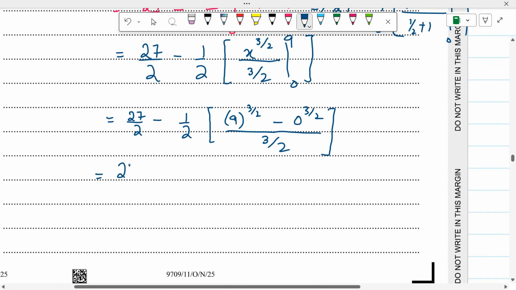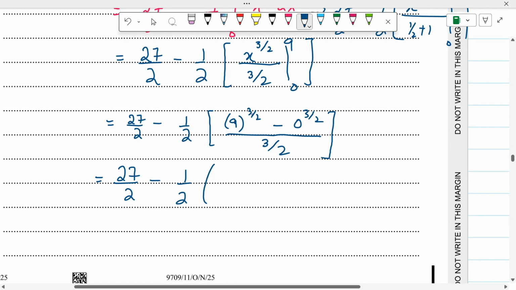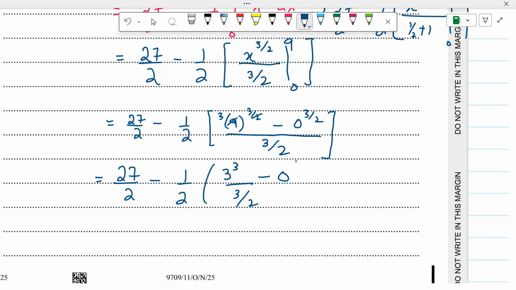For solving, we have 27 over 2 minus 1 over 2, and 9 to the power of 3 by 2, this one will be 3 to the power of 3, minus 0, over 3 over 2.